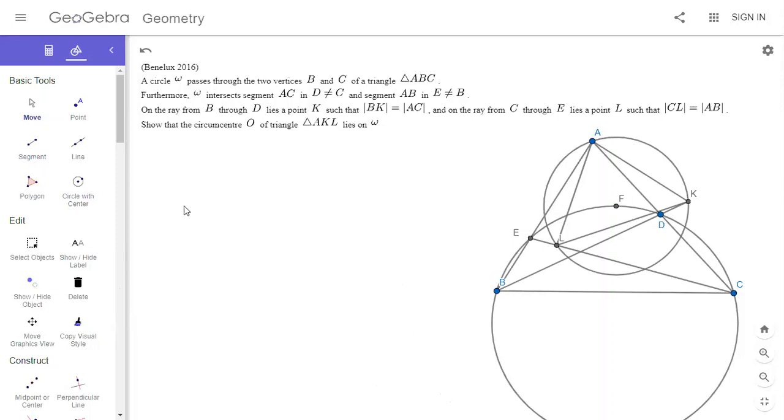Okay, so yeah, I don't even think we need AL is equal to AK, just as long as you know FLC is congruent to FAB. Is that true? I think it's true. But hold on a sec.